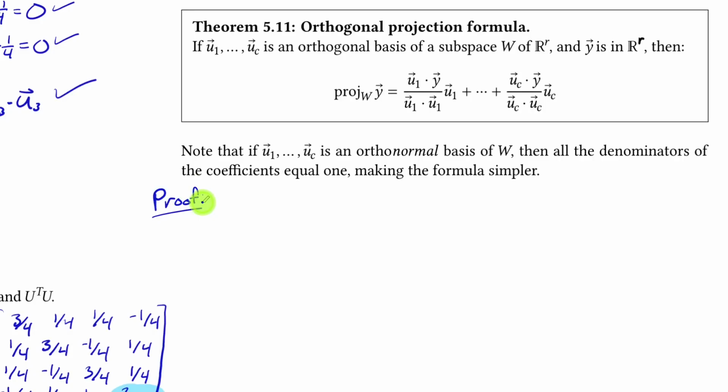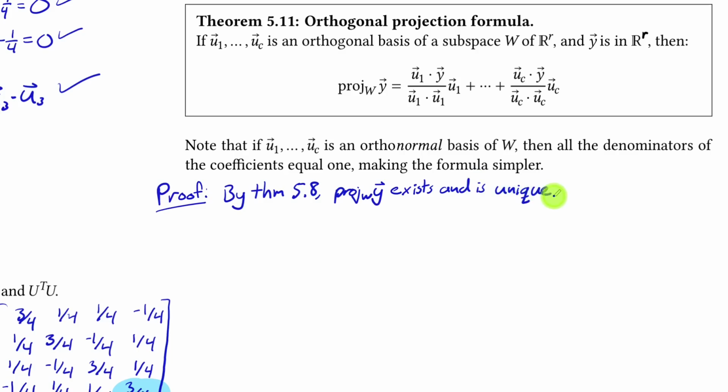So we're assuming you have an orthogonal basis of W and y is in R^n. Well, we know that projections exist and are unique. That was the first theorem in the section. And we know it's in W. We're assuming we have a basis of W, so we can write it as a linear combination of those basis vectors.